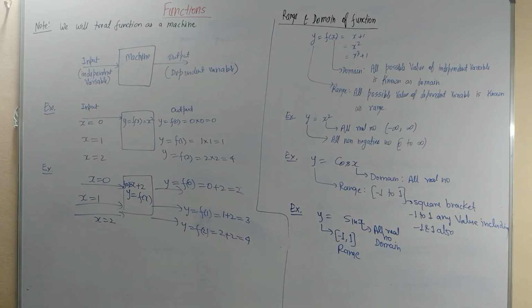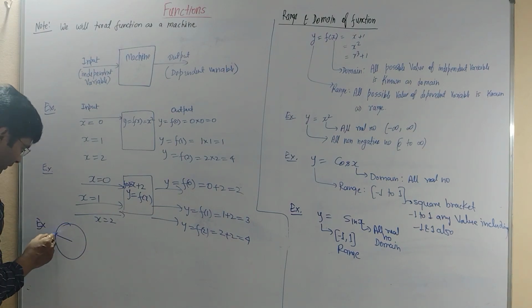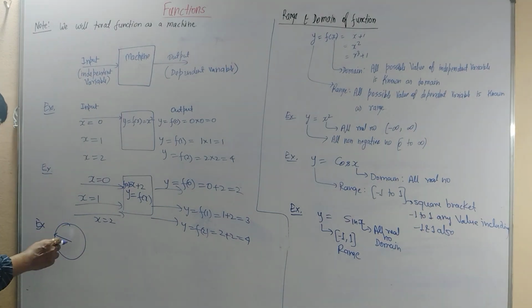Next, one more example you can take. Let's say there is a sphere. I'm saying that radius of this sphere is r. So if radius I am increasing, of course volume of the sphere will increase, surface area of the sphere will increase.